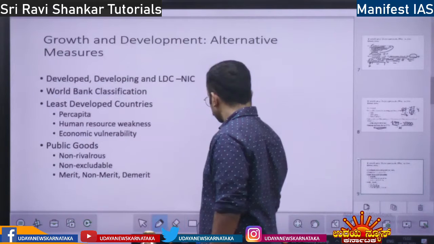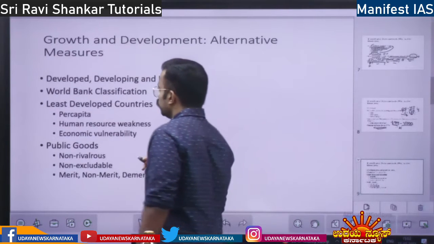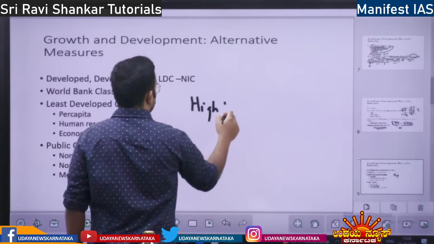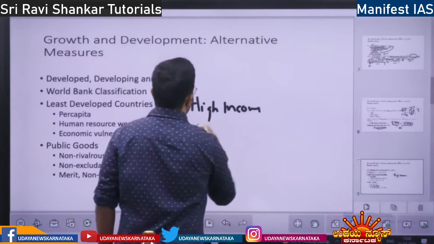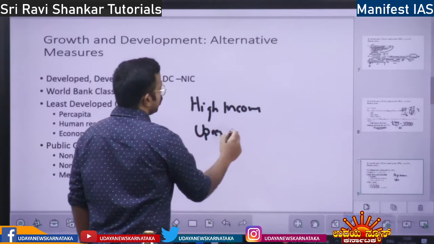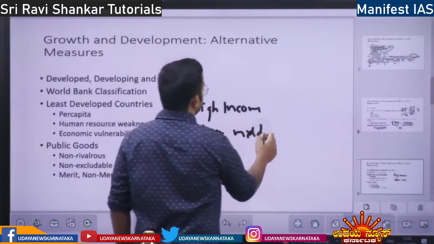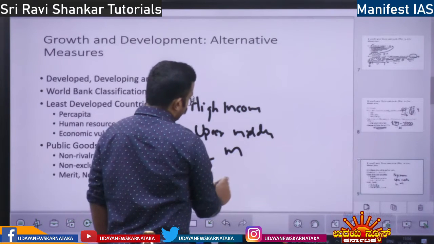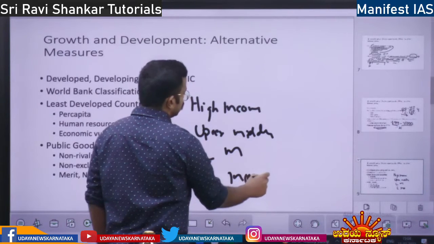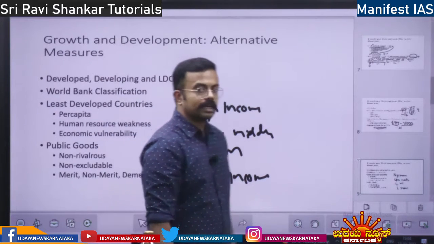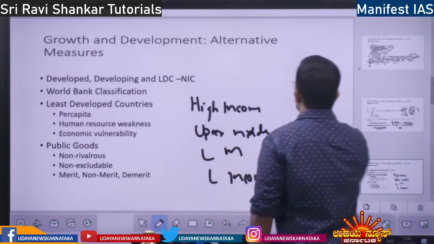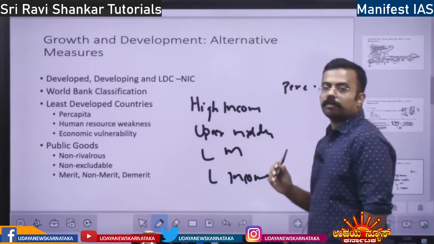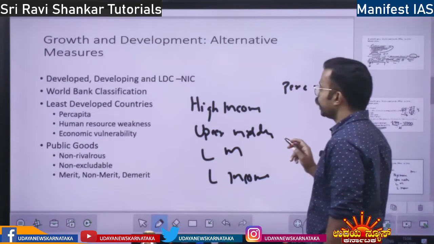It says high income countries, upper middle income countries, lower middle income countries and low income countries. So how does it calculate? By per capita income, that is, per head, what is the income that the people are getting?